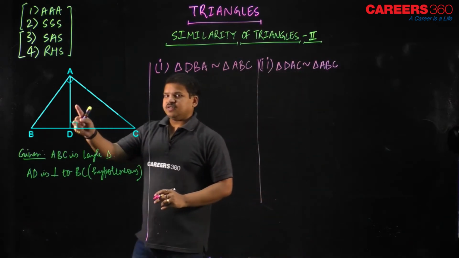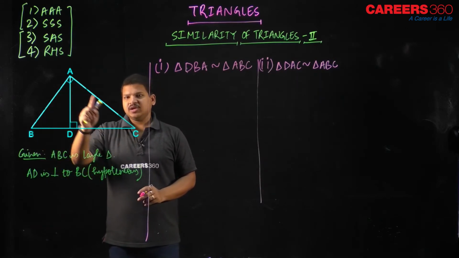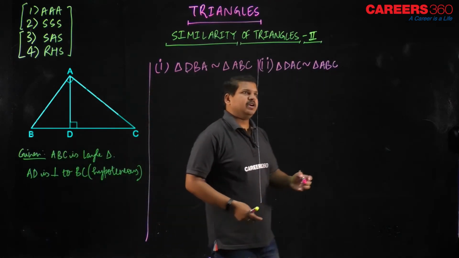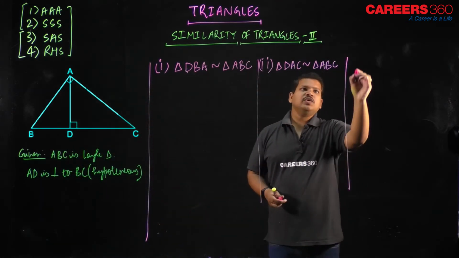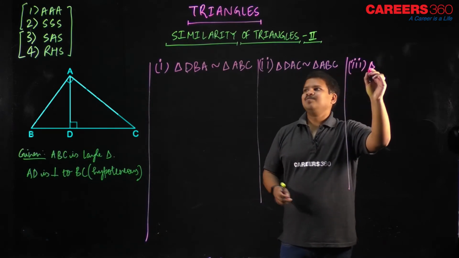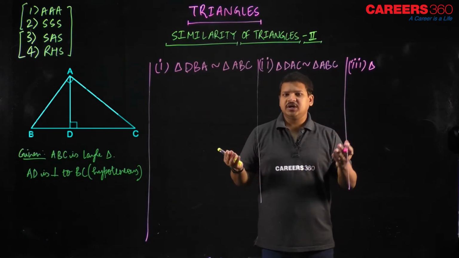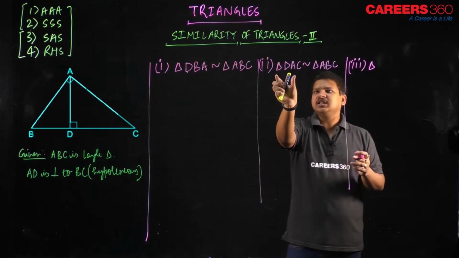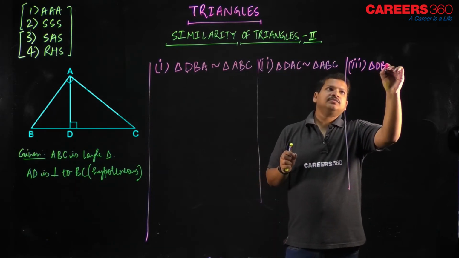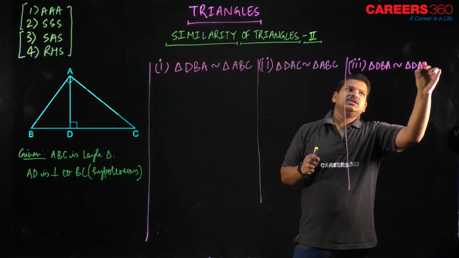That is, these two inner triangles, DBA and DAC, should be similar to the bigger triangle. And the third one is that the two inner triangles should also be similar to each other, so triangle DBA should be similar to triangle DAC.